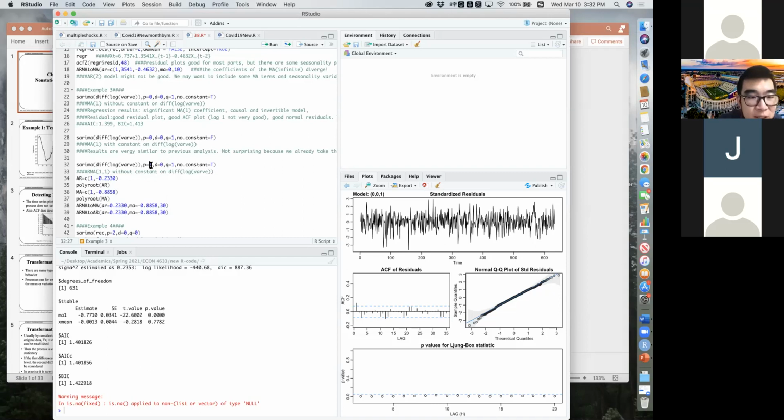Your change is that you change this p, which is the order of AR, to 1, and the order of MA equal to 1 as well. So that gives you the ARMA 1-1 model. We do not include the constant in this model, but for sure you can. If you include the constant, it is going to be equal to 0 because we already take the difference. So let's run this model and see what we got.